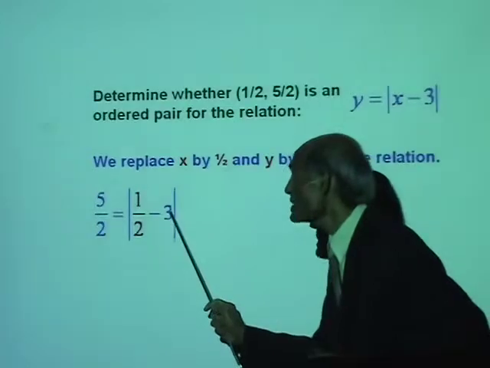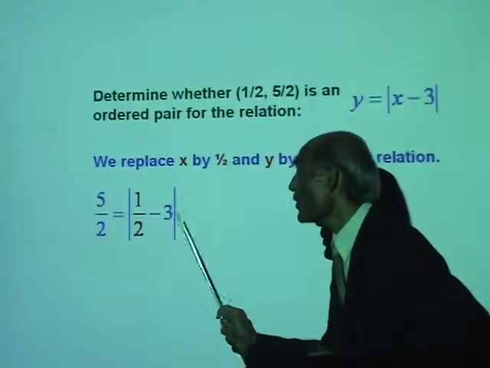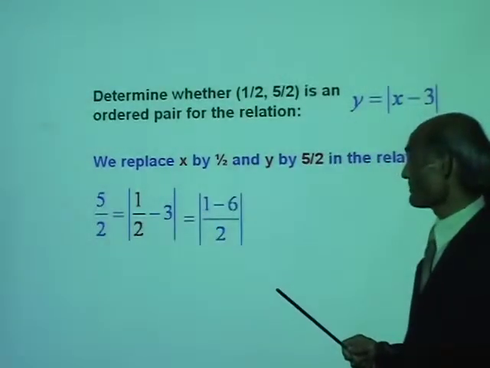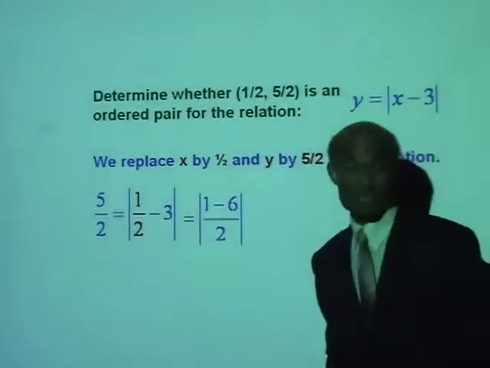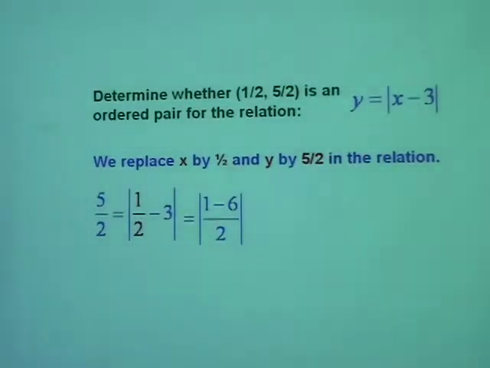Now, to make it easy, this 3 can be written as 3/1. Is that right? Alright. Now, let's go and review that one more time. 1/2 minus 3. I'm going to write it as 3/1.